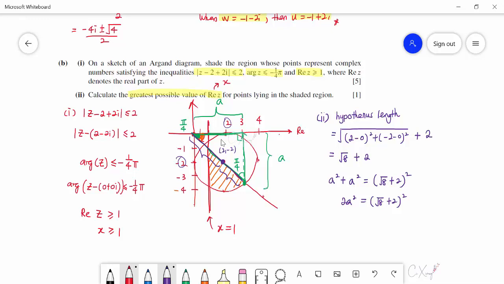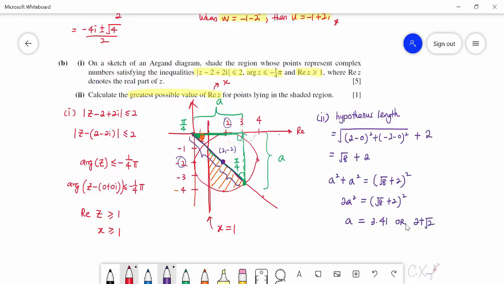Then by just using the calculator, you try to expand everything, replace everything and take the square root. Your a should be 3.41, or if you are using some other calculator, the answer they give you will be 2 plus square root 2.